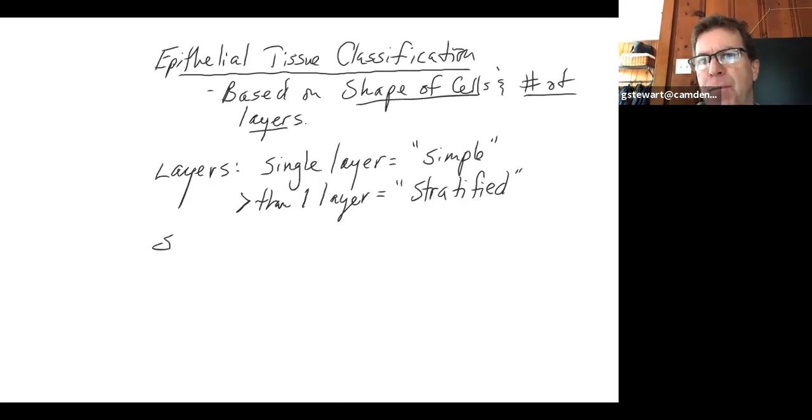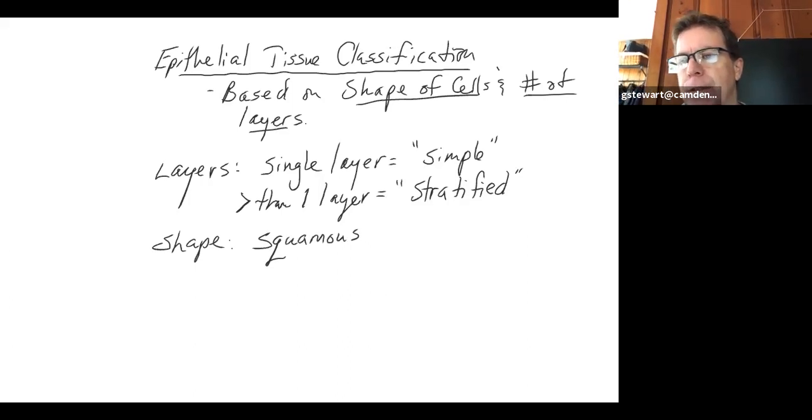Now, cell shape classification, we have three choices, not two. And they are, some people say squamous. I was taught to say squamous. It doesn't matter how you say it. So squamous just means flat cells.